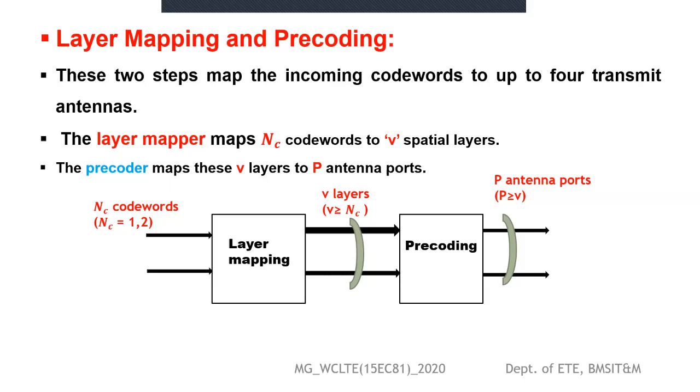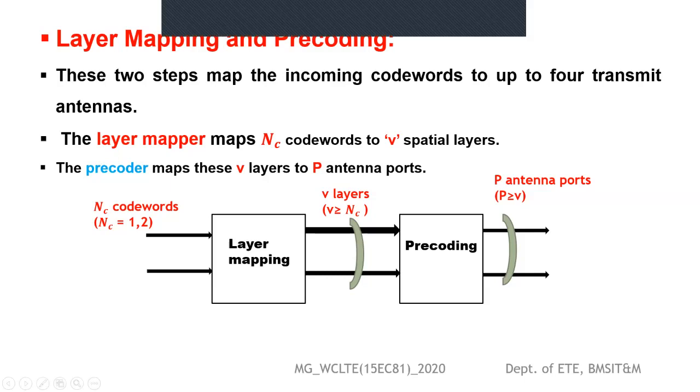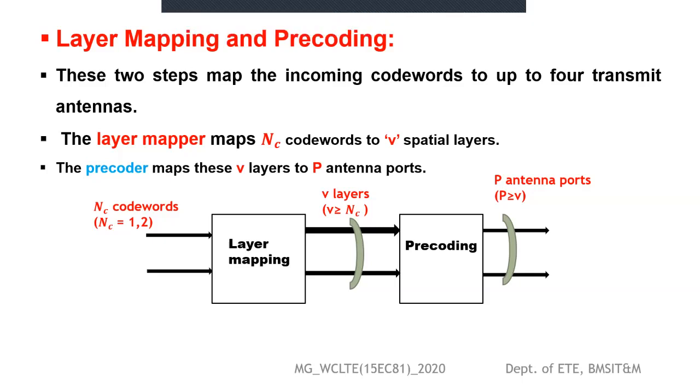The output of the modulation mapper is applied to the layer mapping. What the layer mapping does is map the code word to V number of spatial layers.